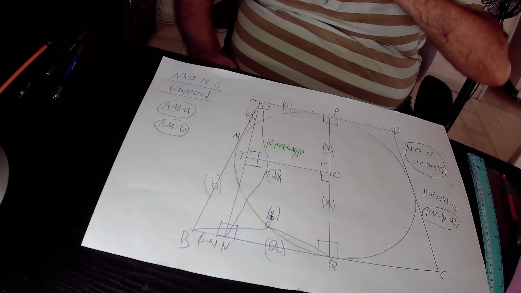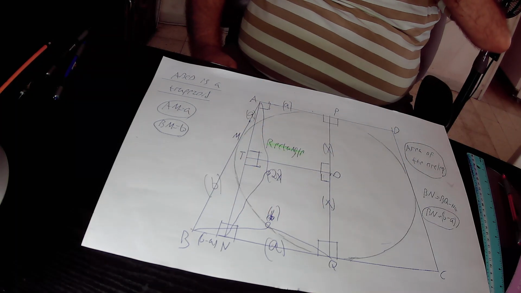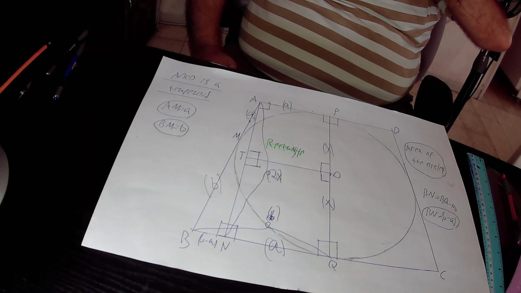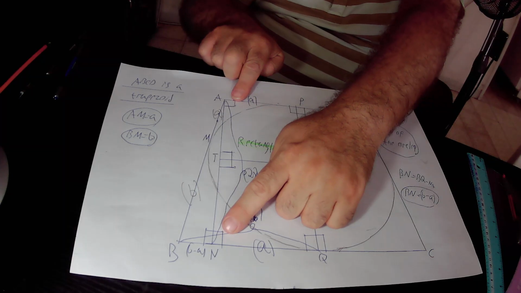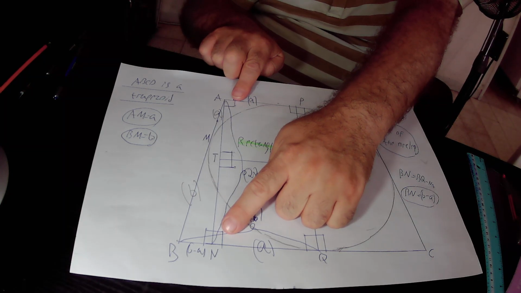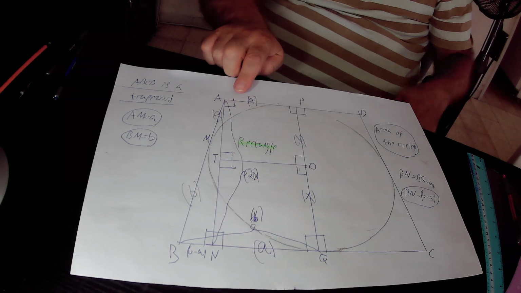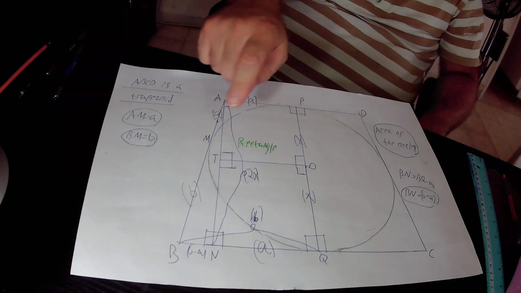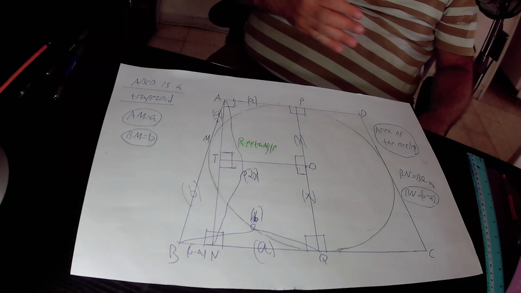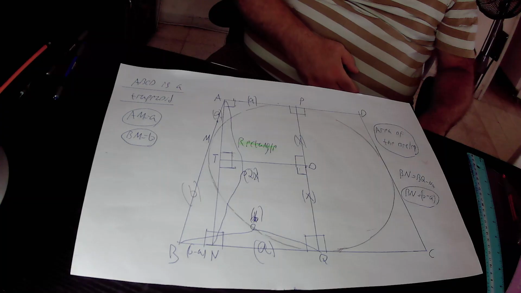This point is point N. By doing this construction, we can identify those two angles. Those two angles are defined as one-sided interior angles, and they are located between the parallel lines AD and BC. AD is parallel to BC because ABCD is a trapezoid.